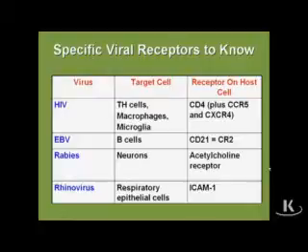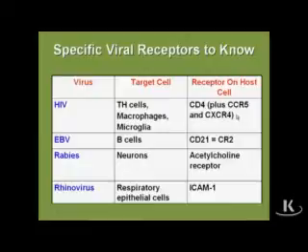The co-receptors for HIV are CCR5 on the macrophage and CXCR4 on the T cells. And those have been shown to be essential for viral infection with HIV. We'll talk about them a little bit more when we get to HIV, but you should know in addition to CD4, what the co-receptors are for HIV infection.